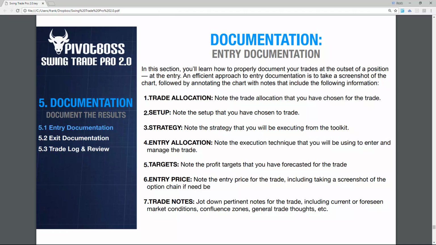Trade notes. Number 7, just jot down any pertinent notes for the trade, including current or foreseen market conditions, any confluent zones or general trade thoughts, etc. And again, the easiest way to do all of this is to take a screenshot of that chart. As soon as you enter a trade, take a screenshot, and from there start jotting down this information.